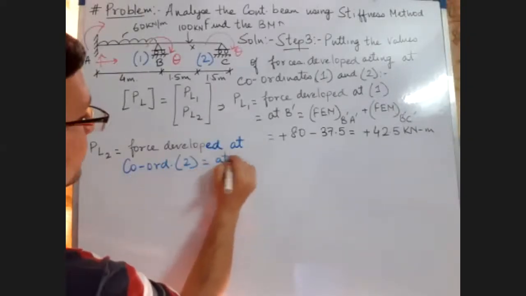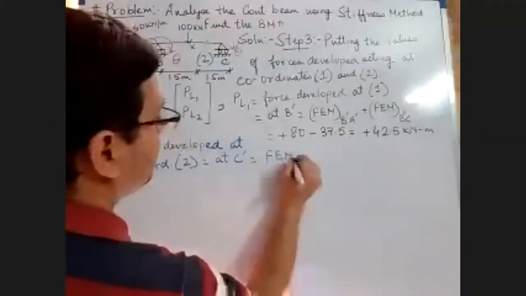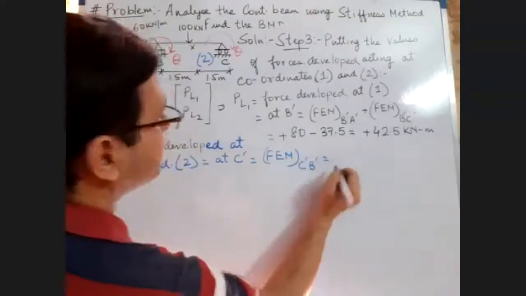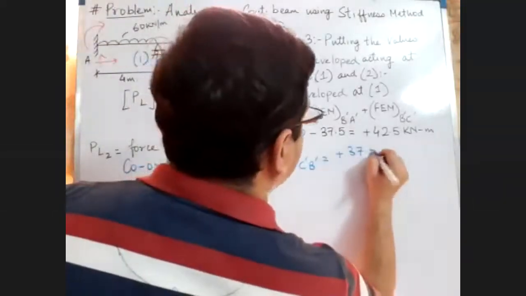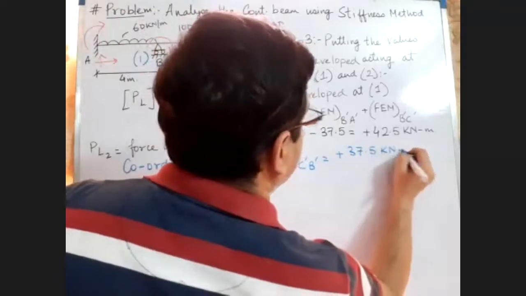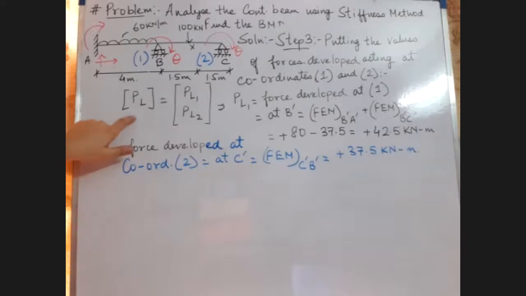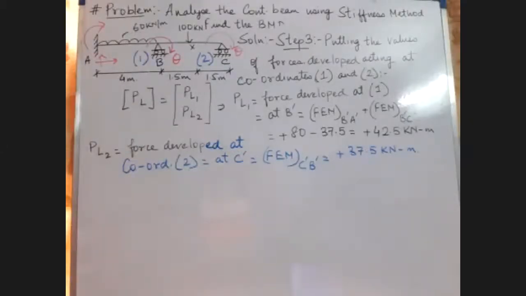That means at C. Only at C do we have a fixed end moment, FEM C dash B dash, and we are getting plus 37.5 kilonewton meter. So this matrix we will use. Please remember, we will use this matrix at the end of the stiffness matrix equation. Mind it.